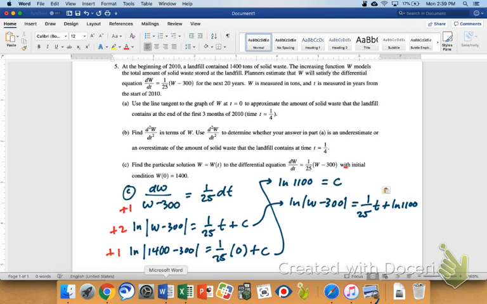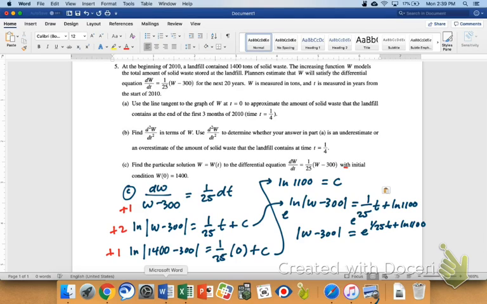Let's plug in the C where the C is supposed to go. Now the algebra that follows could be tricky. I'm going to go e to the left side, e to the right side. Absolute value of W minus 300 equals e to the 1/25 T plus ln of 1100.